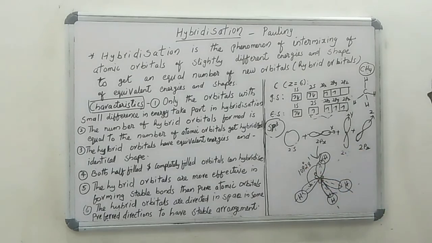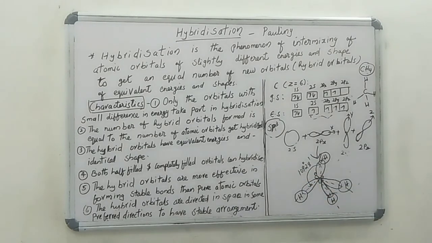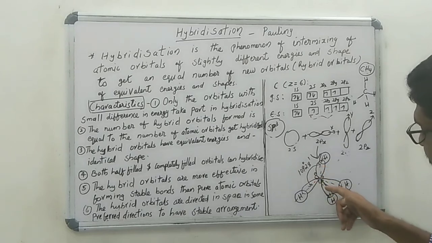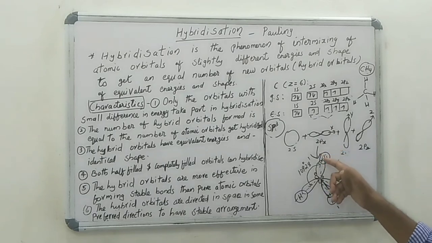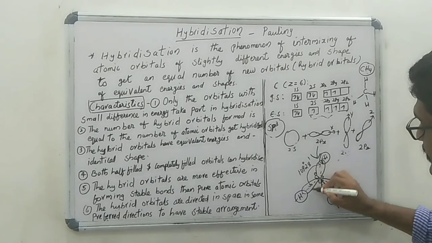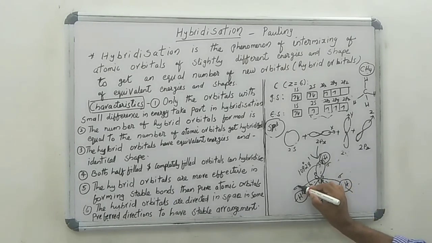We know if the overlapping takes place axially like this, the bond formed should be sigma. Here the carbon atom has sp3 hybridization, and these 4 sp3 hybrid orbitals overlap axially with the 1s orbital of hydrogen, forming 4 CH sigma bonds. Due to sp3 hybridization, the shape of methane is tetrahedral.